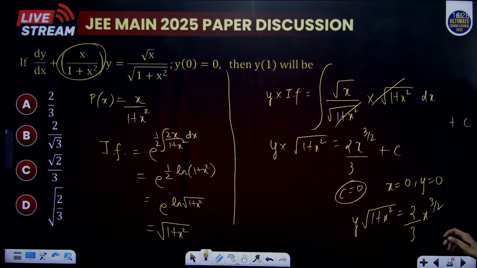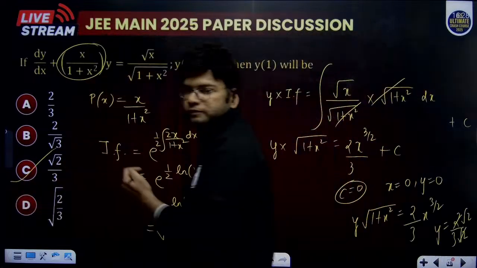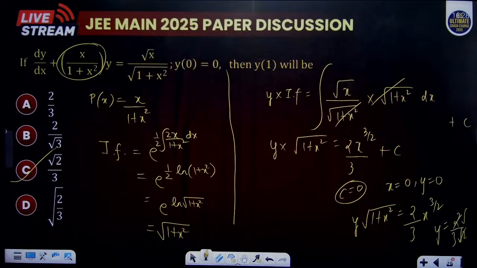So y equal to 2 by 3, 1 plus 1, 2. This will come as root 2, this gets cancelled. Root 2 upon 3. C option. Root 2 by 3. So it's a straightforward question, the same question on linear differential equations.